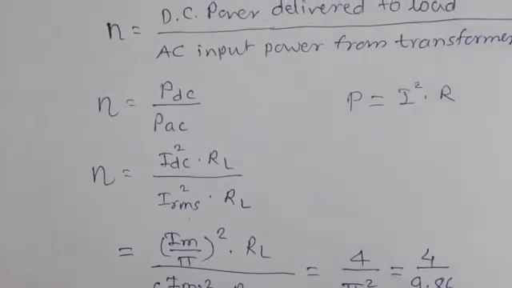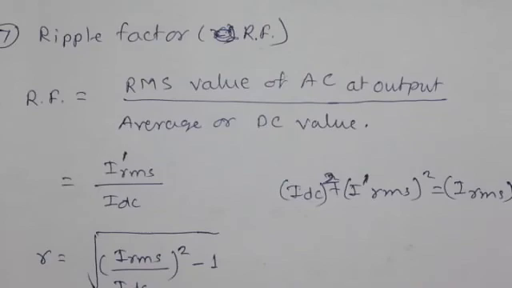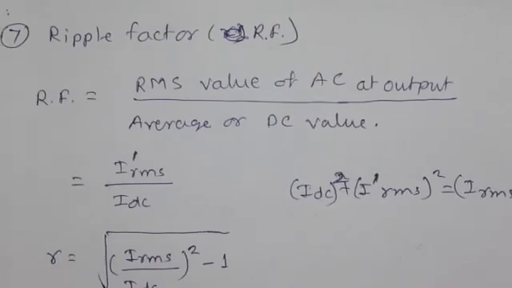Now the next thing that we have to see is the ripple factor. What is meant by ripple factor? Ripple factor is nothing but the measurement of the AC component at the output side.